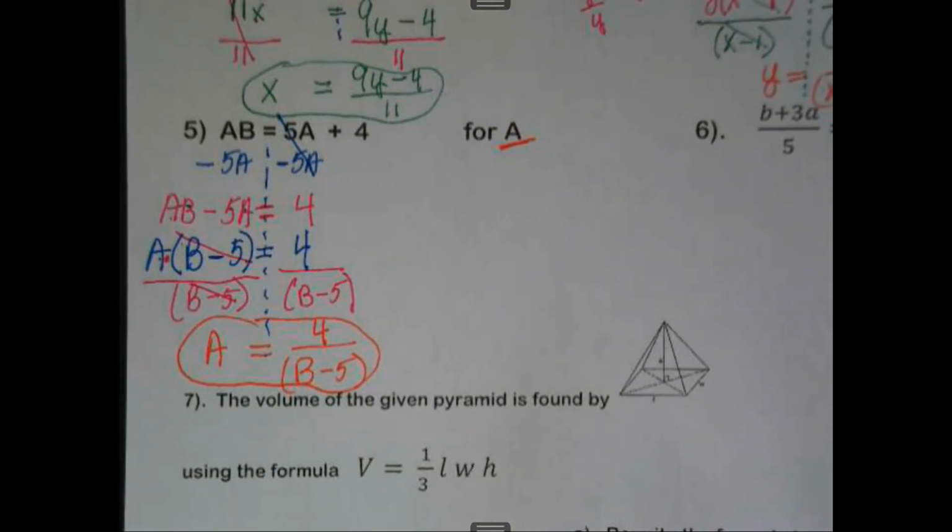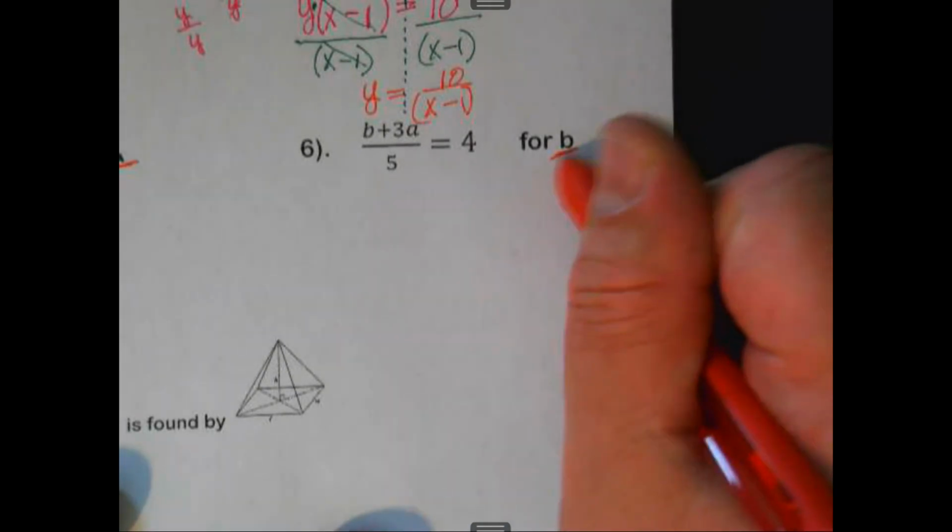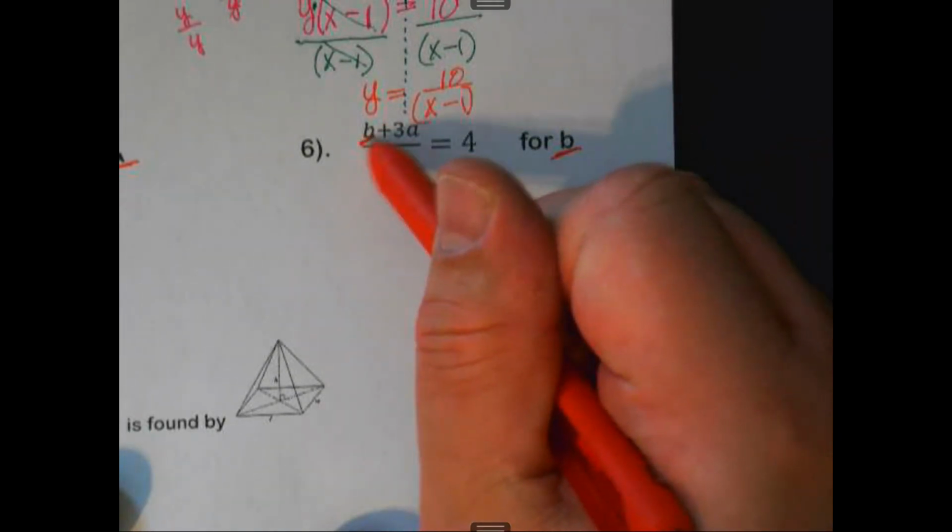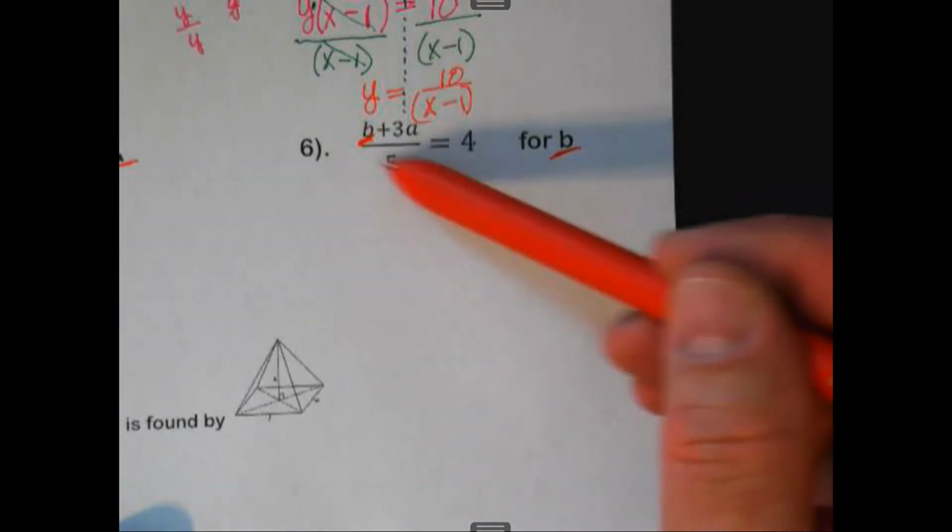And number 6, they want us to solve for B. So B's way over here. So first thing I need to do is bust up this fraction. So I'm going to multiply both sides by this 5. I'll be able to get into just the numerator then.